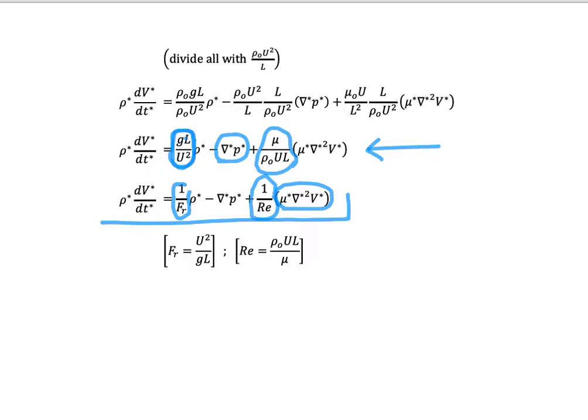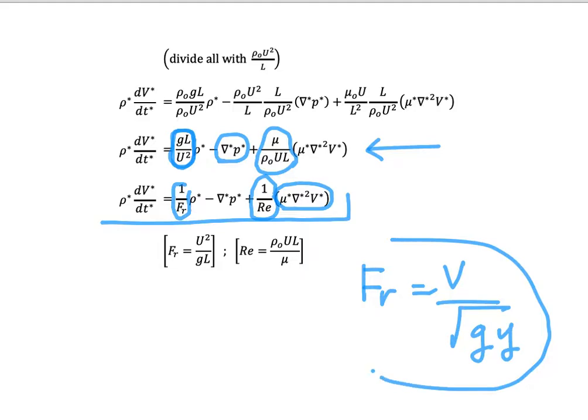So the group gL over U squared is actually the Froude number. In certain textbooks, they write the Froude number as V over square root of gY. So this is the common Froude number in undergraduate textbooks.